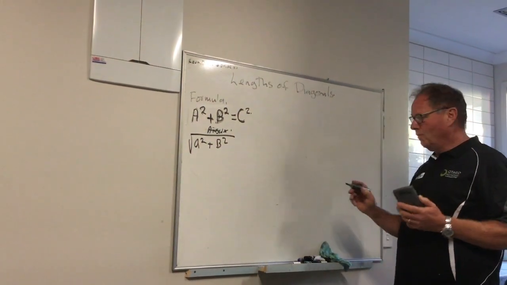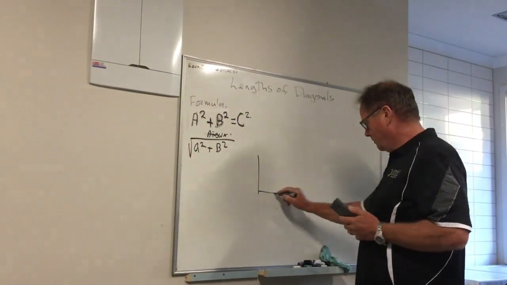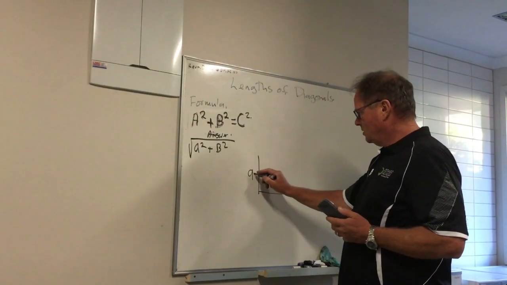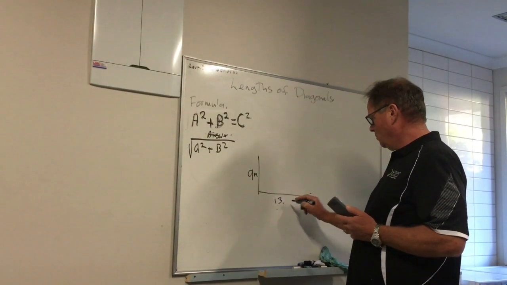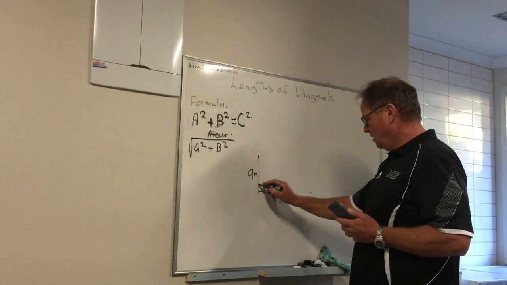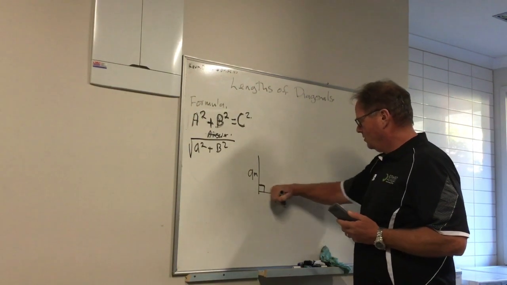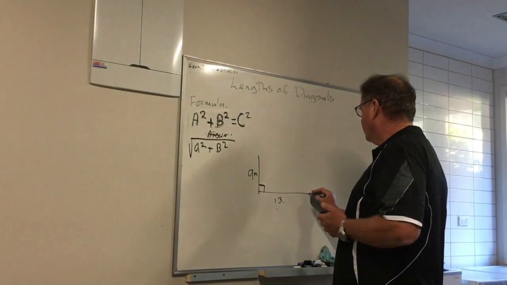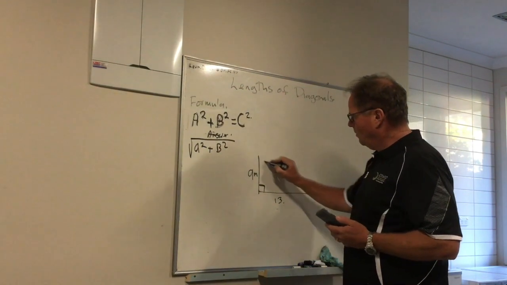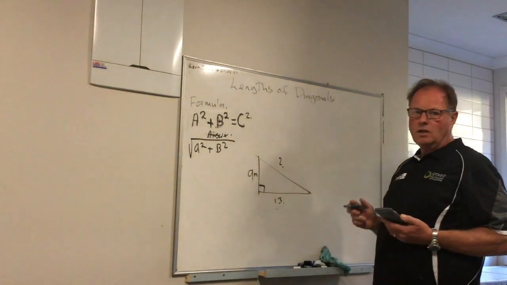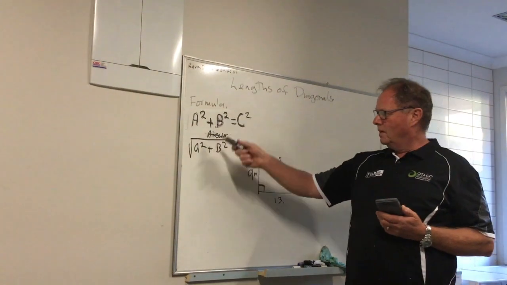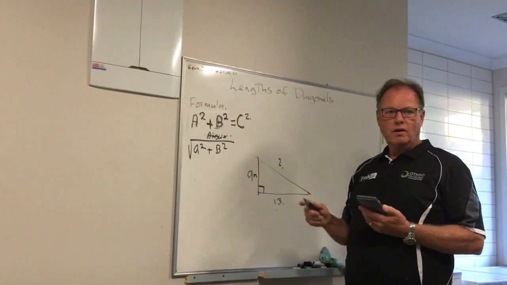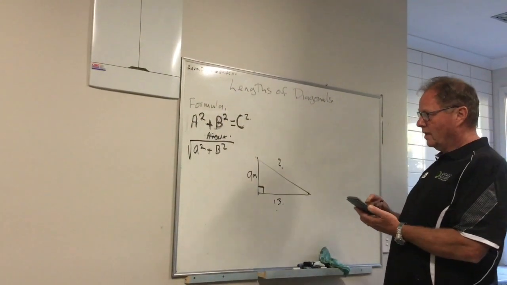Now for example, here's a triangle, 9 metres in height, 13 metres in width, square there. Doesn't look very square, keep. Square there. Now we need to find out what that is. So we'll use our formula, which is simplified by our square root here.